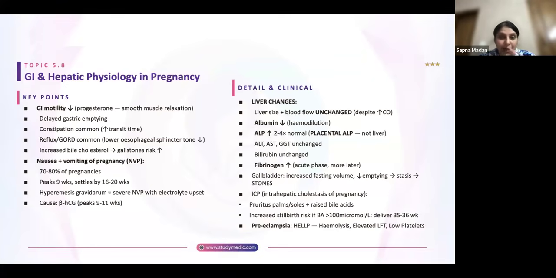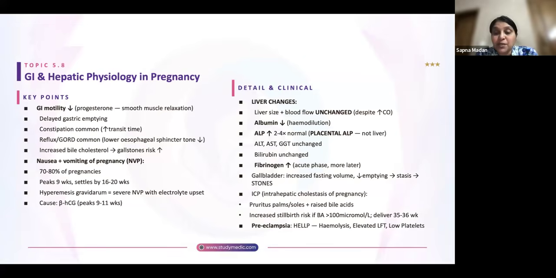Therefore, if a patient has bile acids in this category, then you will plan their delivery between 38 to 39 weeks. If, however, the bile acids are more than or equal to 100 micromoles per liter, then the risk of stillbirth is increased, and it is in these patients that you must plan delivery by 35 to 36 weeks.